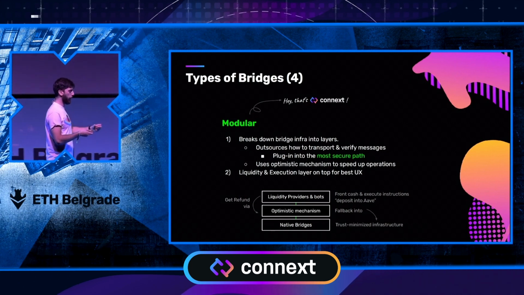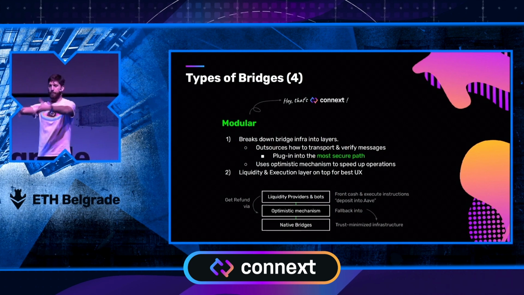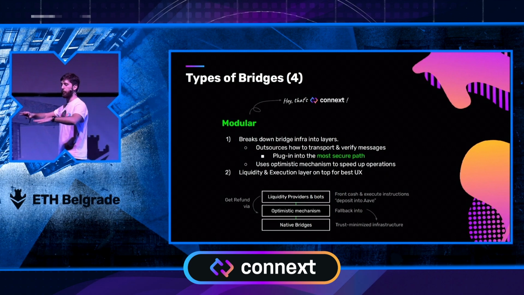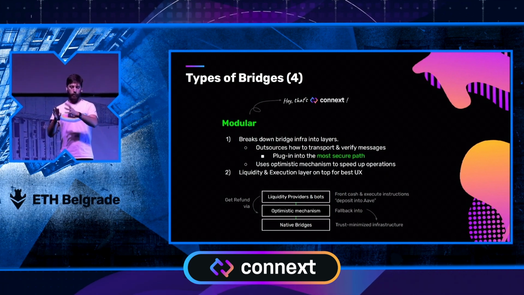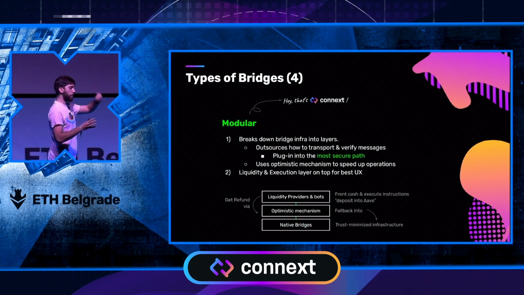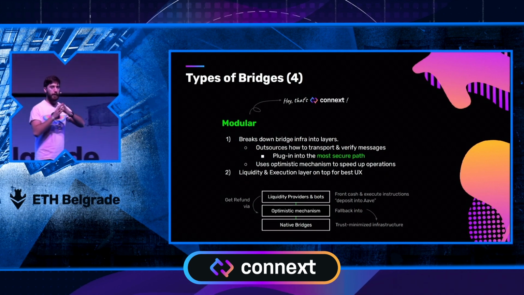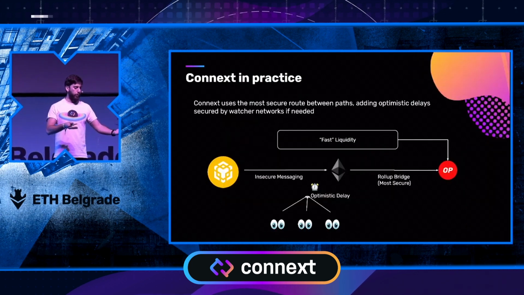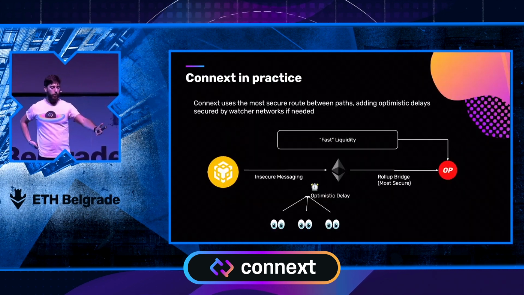It's a layer that allows you to execute transactions on the destination chain, all with one click, all with a smooth experience for the user. So for example, you can do a bridge and deposit on the destination chain, a bridge and a swap on the destination chain, all in a very seamless way. This is how it works as an example. As I said, we use Ethereum as a central hub.